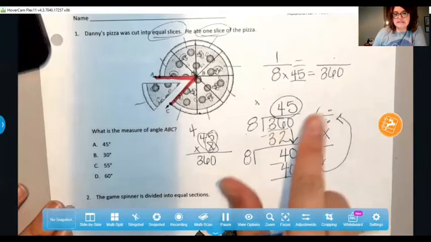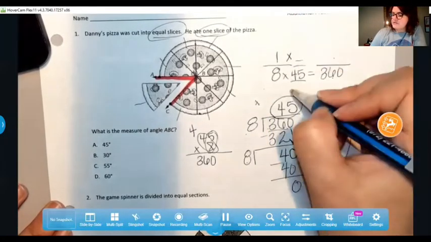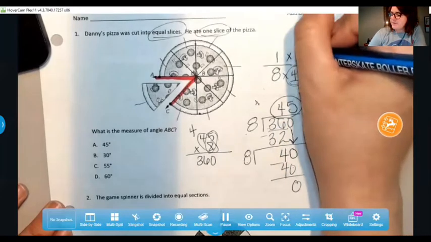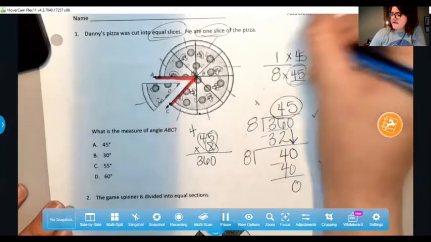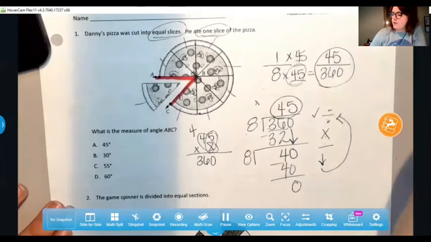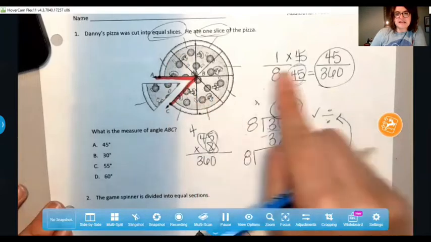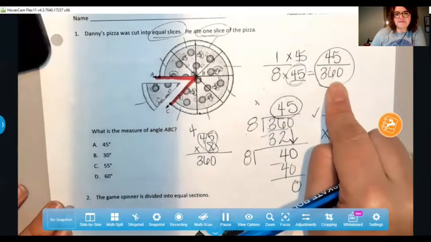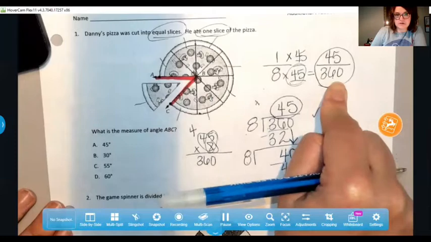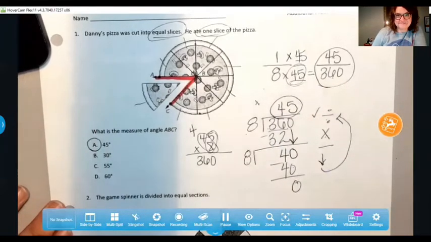And we get 360. So we've got to do whatever we did to our denominator to our numerator. 45 times 1 equals 45. Therefore, 1/8 of our circle is 45/360, or 45 degrees.